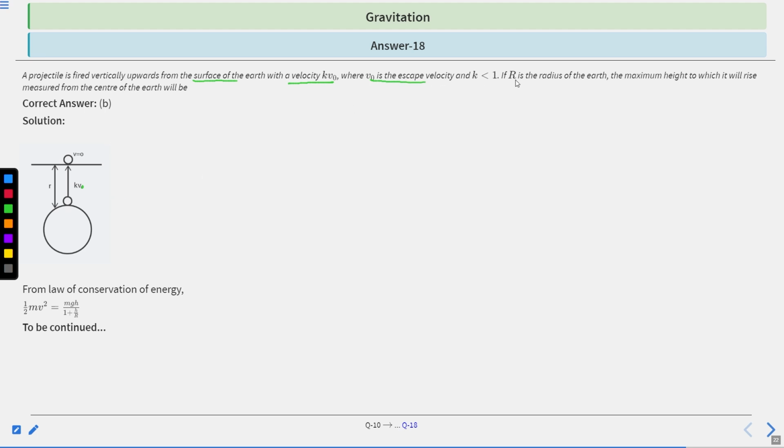So R is the radius, and we want the maximum height to which it will rise, measured from the center of the Earth. From the law of conservation of energy, half m v square is equal to m g h divided by 1 plus h by R. Suppose this is the Earth and k v0 is the velocity.